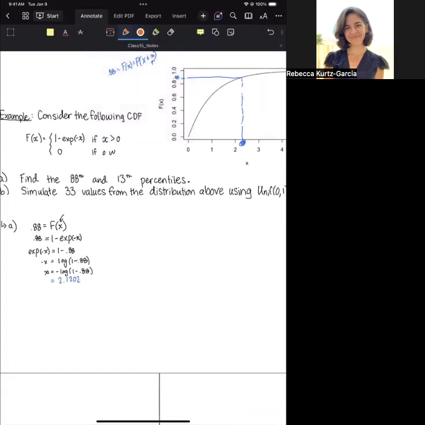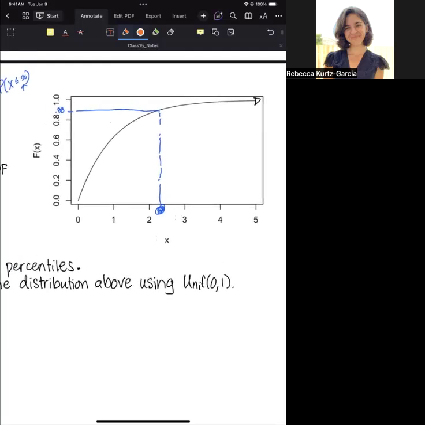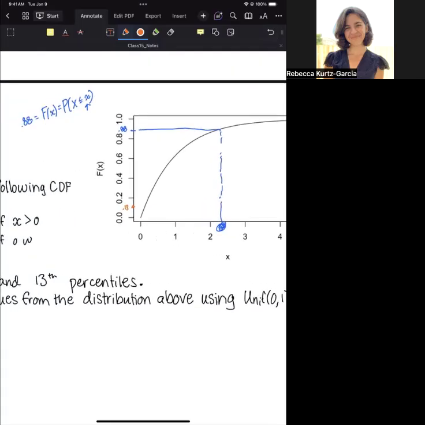Let's get the next value, which is the 13th percentile. Again, it was just a number that came up a decent number of times. So I would go somewhere over here, closer to the start. This is 0.13, where F of x is equal to 0.13.